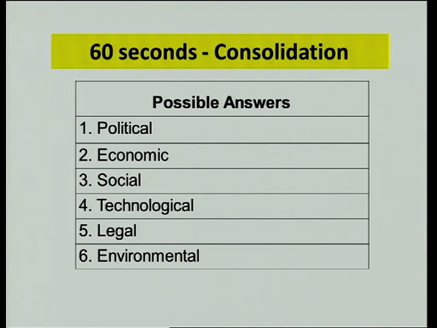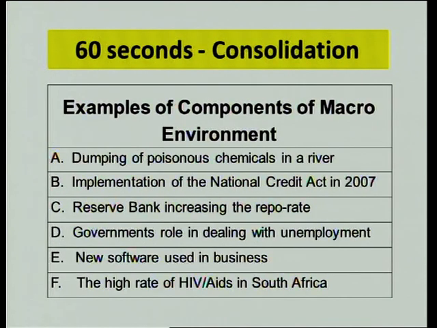You've got exactly 60 seconds to do that. Right, first one, dumping of poisonous chemicals in a river. And maybe you can SMS the answers through to me. Which component of the macro environment is that an example of?